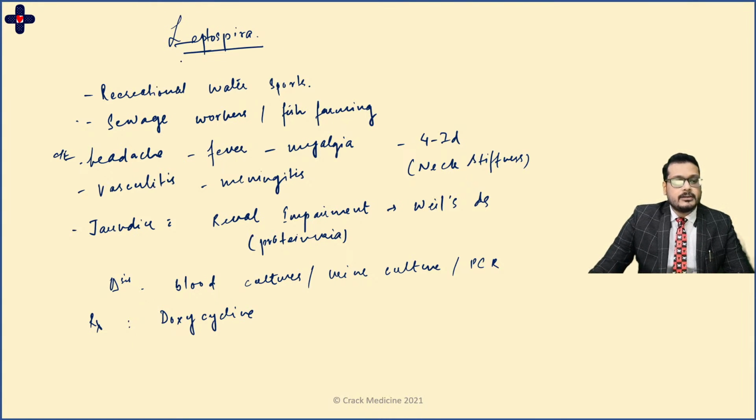Something to note here is that whenever you encounter a disease in infectious diseases questions which does not give you a very specific set of pointers, it might not be necessary that the question is going to ask you about the diagnosis. Because in real life, as you might be noticing, it's very difficult to pinpoint the diagnosis.